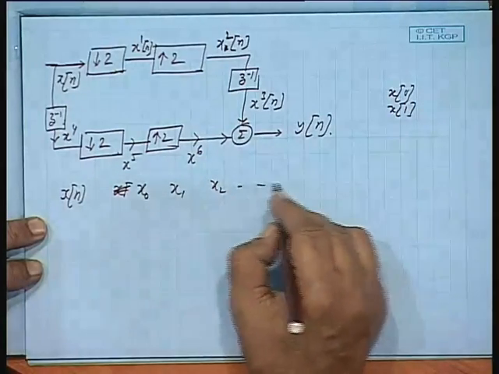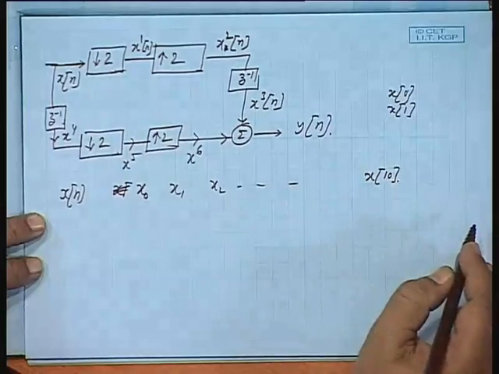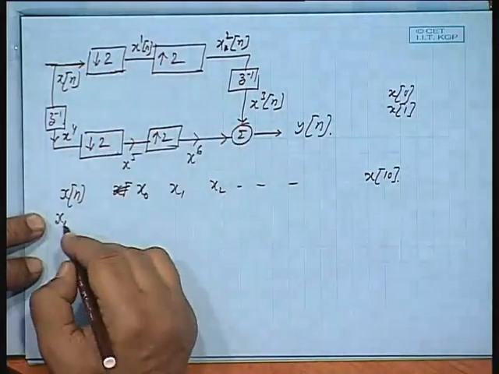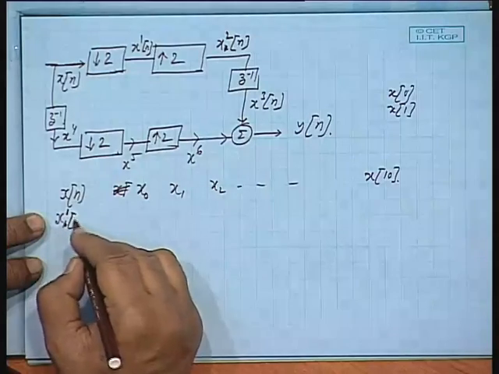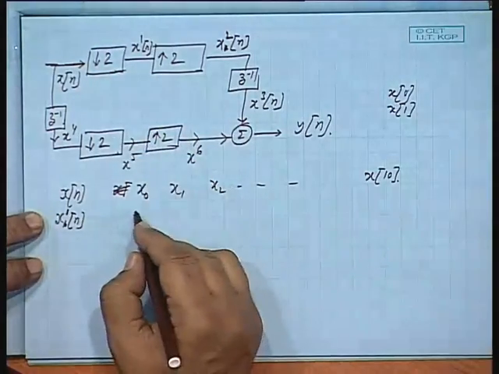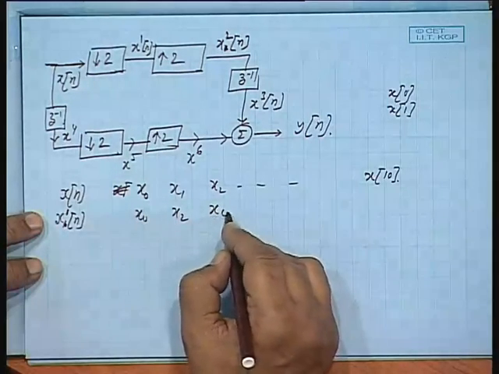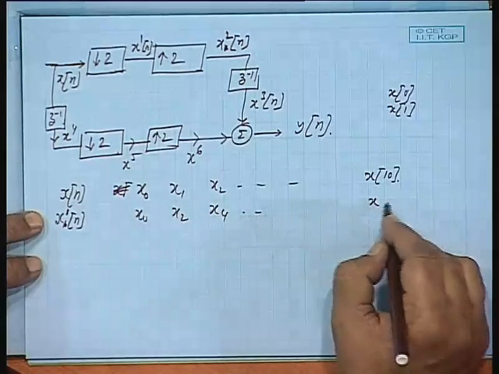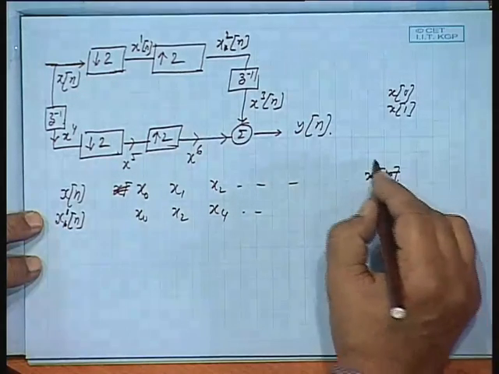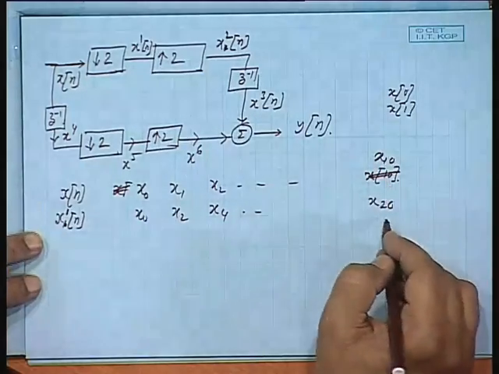So, let me write, suppose x10, then what will be x1n, this sequence? Like I have downsampled by 2, so it will be x0, x2, x4, similarly x20, let me stick to the same convention, x10 and x20.